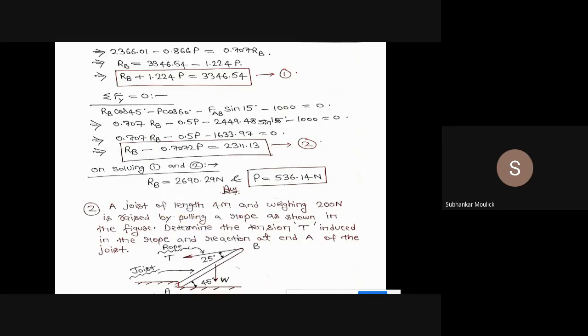In this manner, that means RA, can RA act along the line of action of joist? Yes or no? Whether the direction of RA is like this or the direction of RA will be like this. This you have to decide.